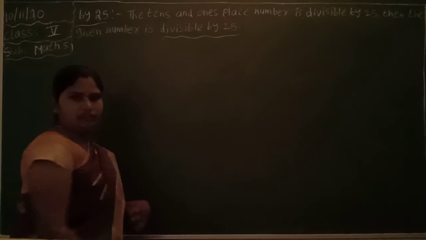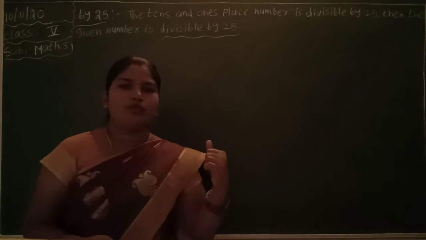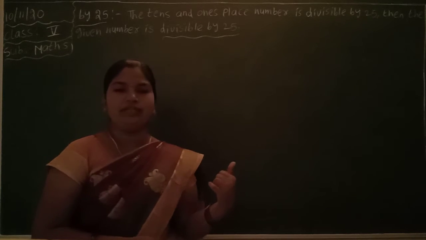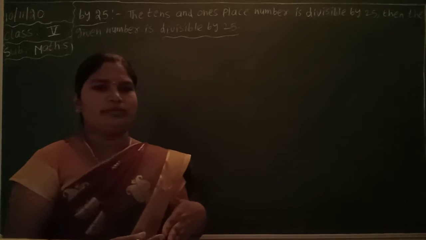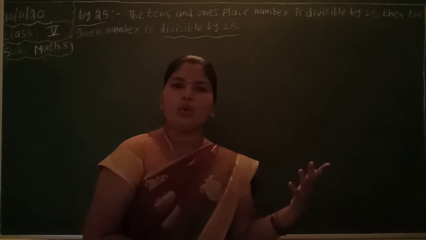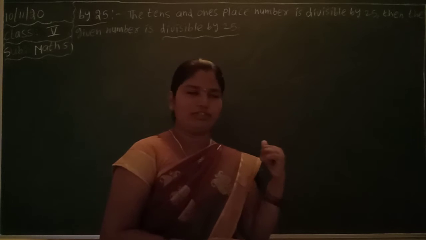It is the divisibility by 25 rule. What is the rule? Say once again, children. If the tens place and ones place is divisible by 25, then the whole number is divisible by 25.